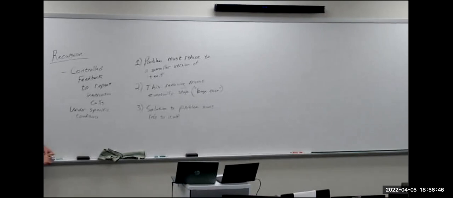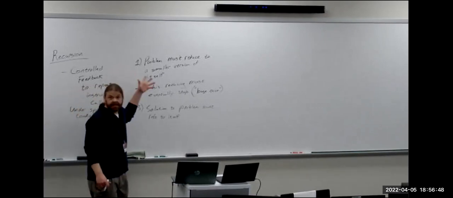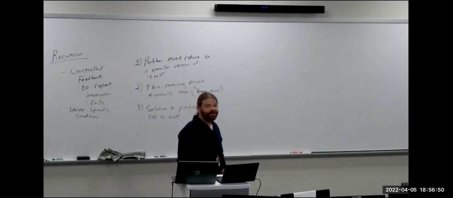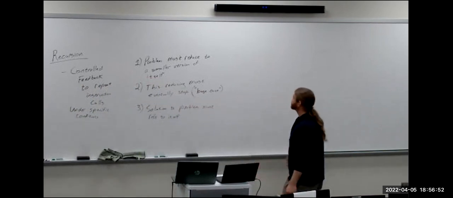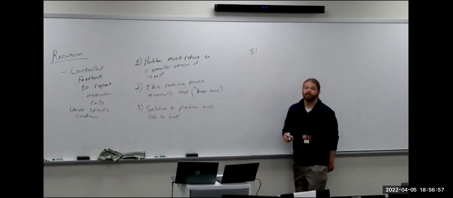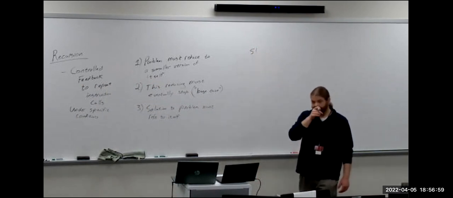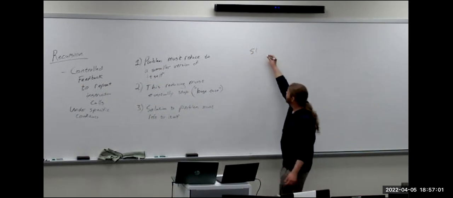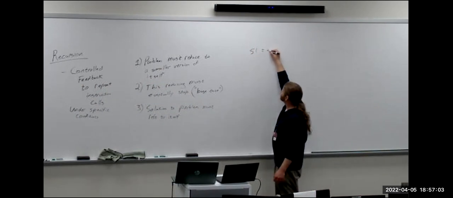Let me know. So some cases lend themselves to this very nicely. The standard example to start out with is factorials. Okay, 5 factorial, which if you haven't seen that in math class, we take the number and multiply it by everything smaller.